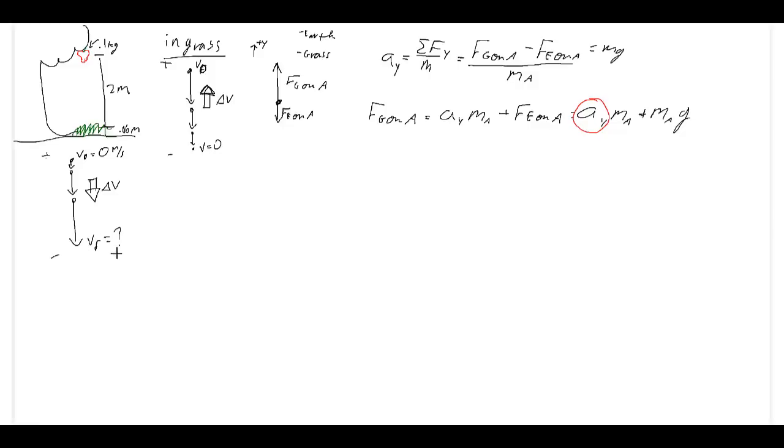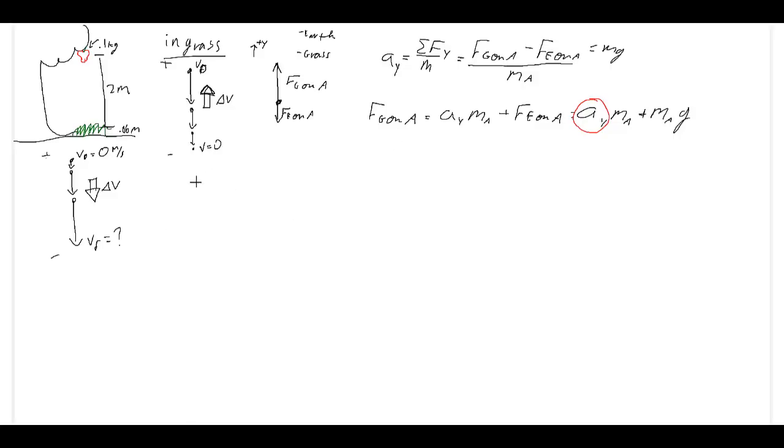This final velocity will be our initial velocity while it is in the grass. And given that we know how far it sinks into the grass, the initial velocity, once we find it, and the final velocity being 0, we can find out what our acceleration is that we need to plug in here to find out what the force of the grass on the apple is.